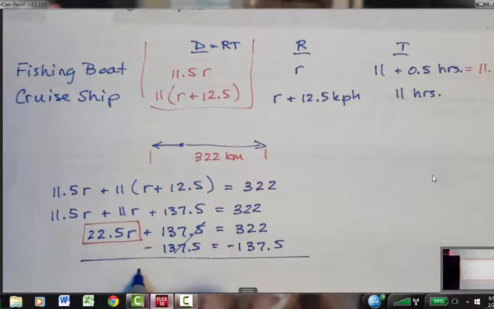You end up with 22.5 R equals 184.5. Then you want to get the R by itself, so you're going to divide both sides by 22.5. These cancel out. You're left with R equal to 8.2 kilometers per hour.